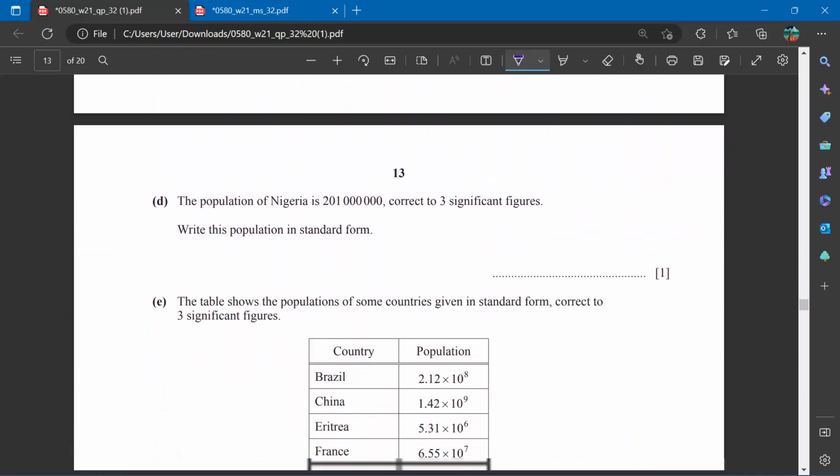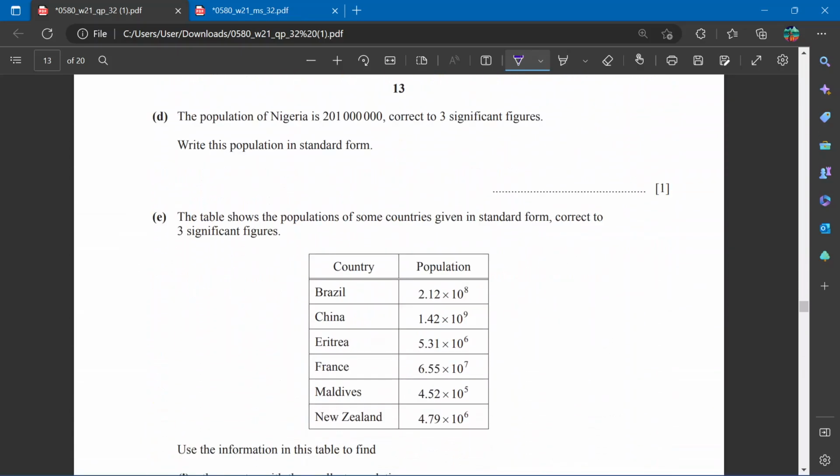The population of Algeria is 201 million. That's a lot. Correct to 3 significant figures. Write this population in standard form. Okay, remember, standard form is a number which can't be bigger than 10 and smaller than 1. So meaning a number point something something times 10 to the power of something.